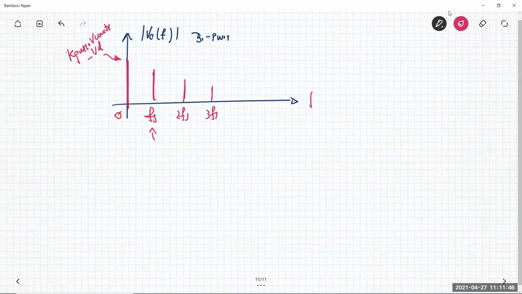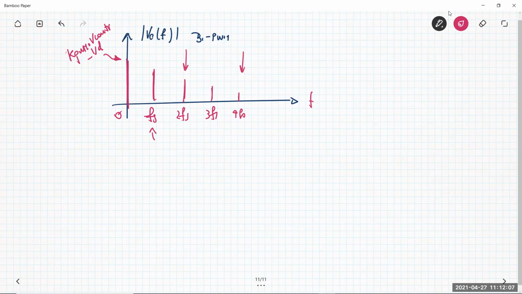Okay. So this is different from the unipolar pulse width modulator, in which you have the DC contribution, then harmonics just at 2Fs, then 4Fs, etc. So here the harmonic contribution is higher, you have more harmonic content in the output.